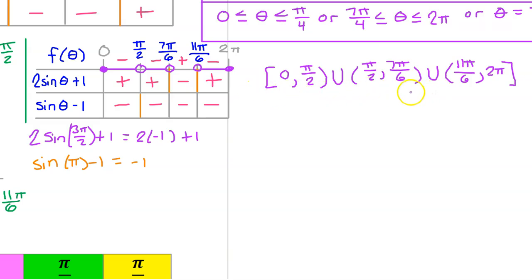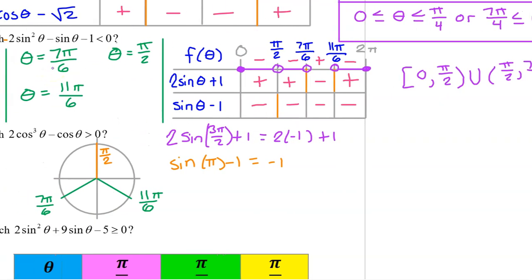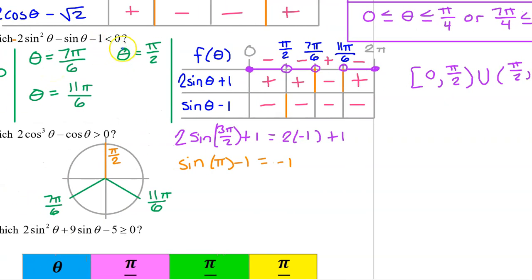So one more time, let me just emphasize that a common mistake is that students will see that we have two negative intervals in a row, and we do want the values that cause f of theta to be less than 0. So they know we're looking for the negatives. Because we have back-to-back negatives, sometimes kids want to make just one big interval and say, well, let's do the interval from 0 to 7 pi over 6.